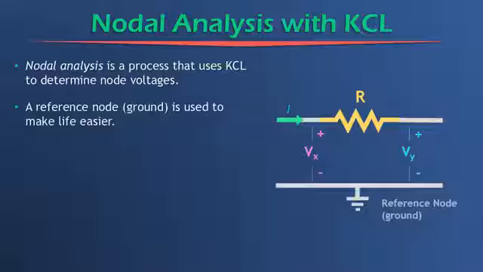Now remember, in a circuit, a voltage is defined as a difference in potential between 2 points. So if I was to say that the voltage at some point is 5 volts, then I also have to specify that it's 5 volts with respect to what other point. So when we set up a reference node, we're providing that other point in the circuit.